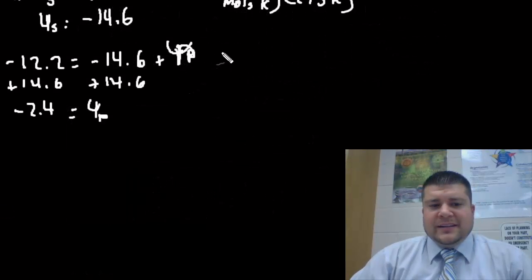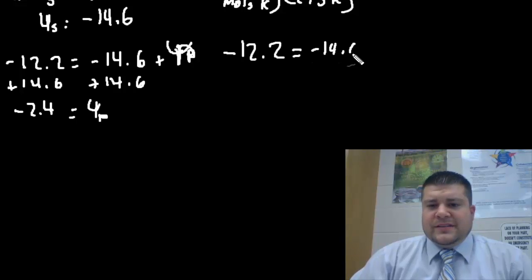And if these are equal, we take the negative 12.2 and equate that to the negative 14.6 plus the psi p. And if we do that, we need to get this over on this side, so we can put psi p.